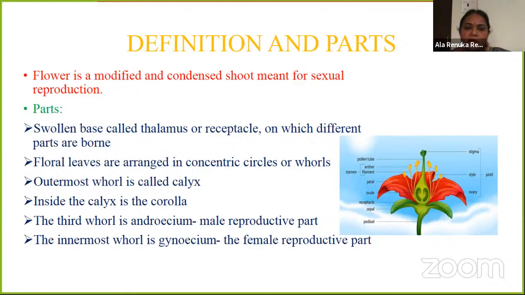The different parts of the flower are arranged on the base of a special structure in the flower. The base is called the thalamus or receptacle. On this receptacle, the different parts, the floral leaves, get arranged.